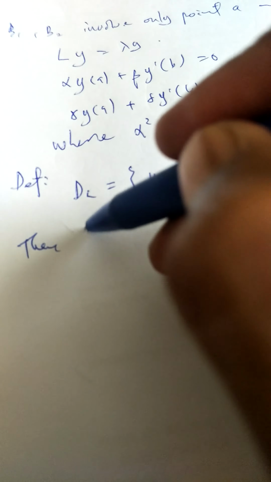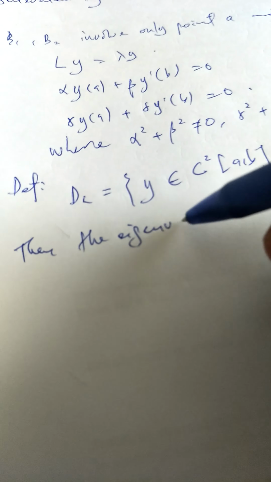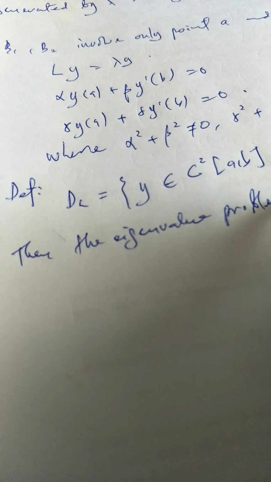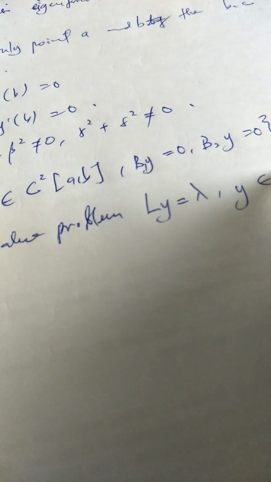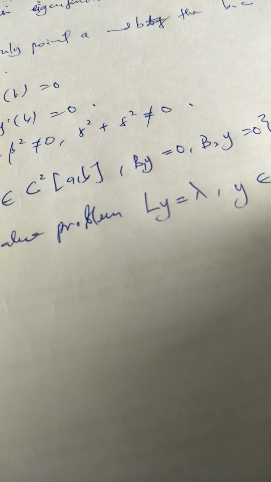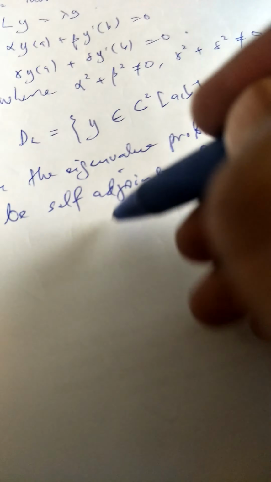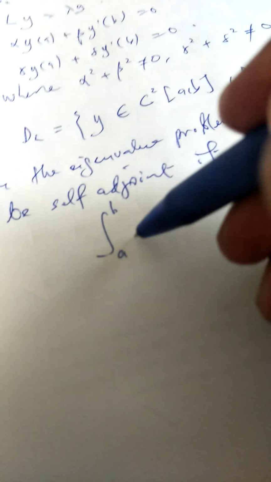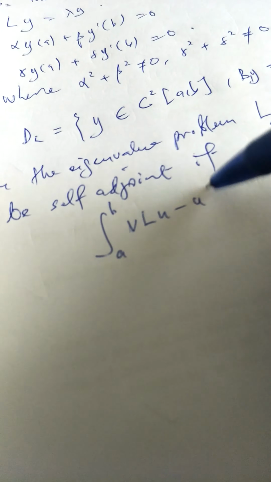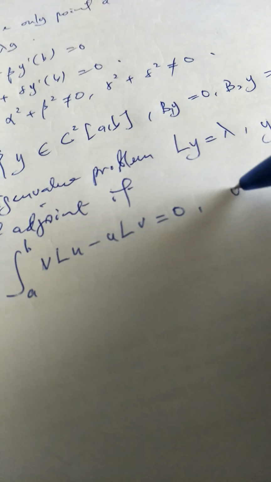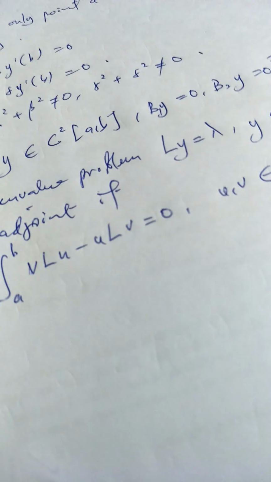Then the eigenvalue problem Ly equal to lambda y for y in DL is said to be self-adjoint if we have this condition: the integral from a to b of v Lu minus u Lv equals 0 for u, v in DL.